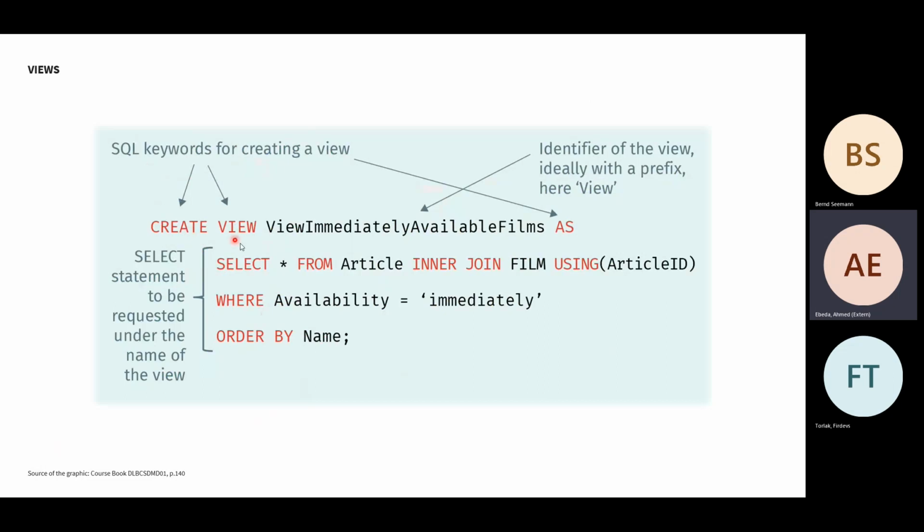So now we use the word create view and give it a name, like this is the name of the view, as. And in this as, what's inside: you select everything from article, inner join film using article ID, where availability equals immediately, order by name.